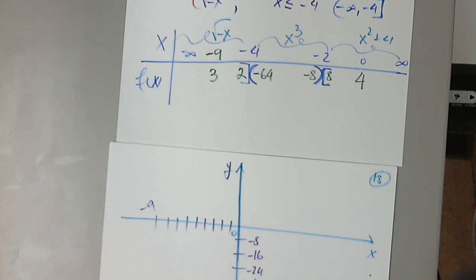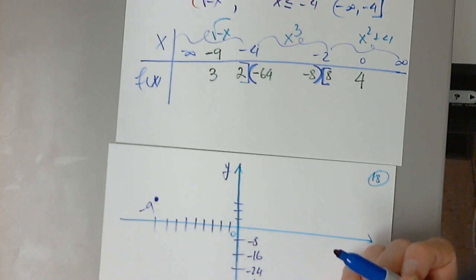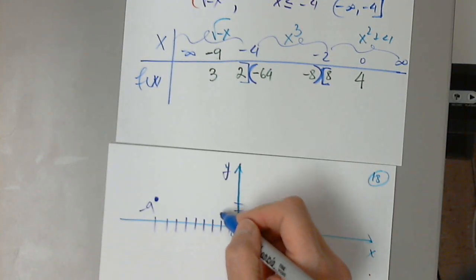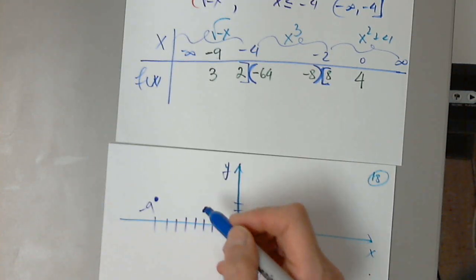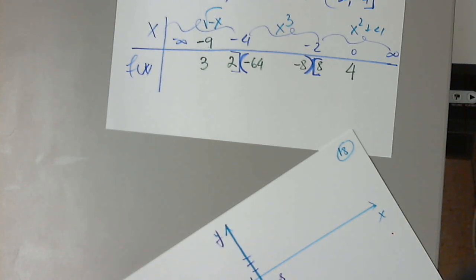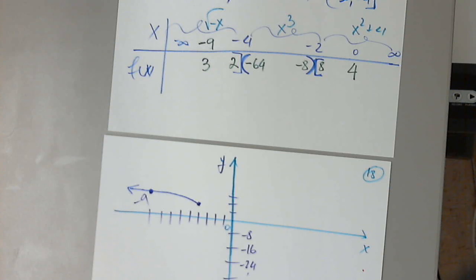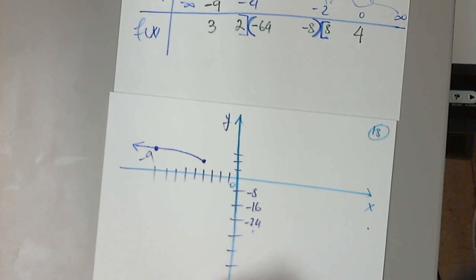And that's it. Okay. So from left to right, negative 9, comma 3. Negative 4, comma 2, and it's a full point. And here's the graph. I'm done with that. The next piece of the graph: negative 4, negative 64, and it's an open point.